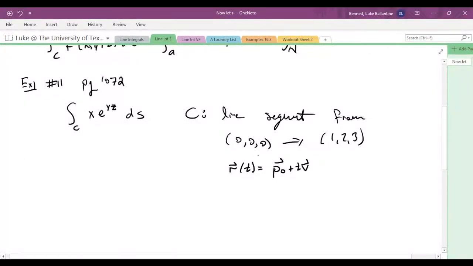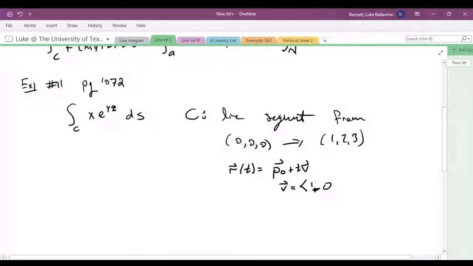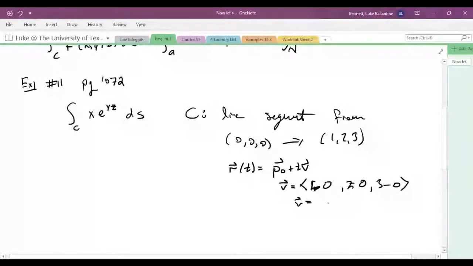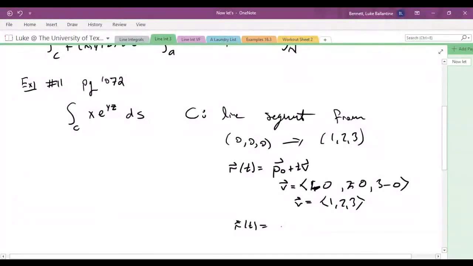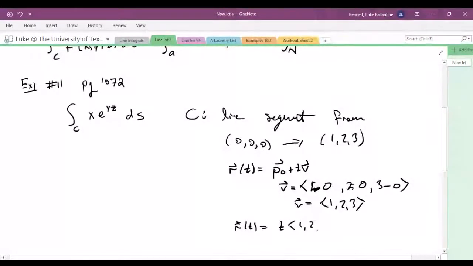If we choose P naught to be 0, 0, 0, that's the easiest. And remember, V was the slope vector between the 2 points. So we get 1 minus 0 is 1, 2 minus 0 is 2, 3 minus 0 is 3. So V is the same thing as the other point. So our parameterization is t times 1, 2, 3.